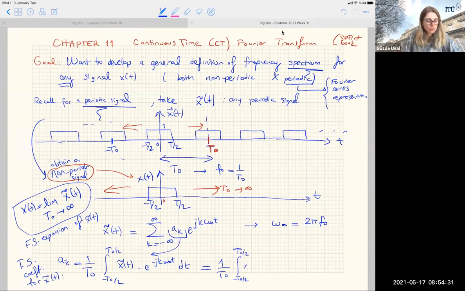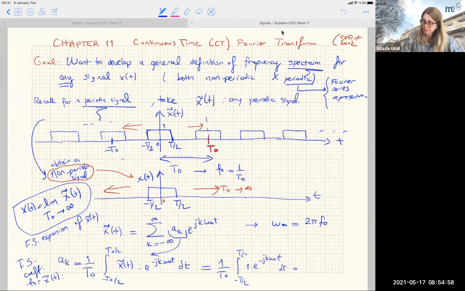Actually, let's write T over 2 here for this example: minus T over 2 to T over 2, x tilde is 1 in this interval. So it's 1 times e^{-jkω0t} dt. Let's write the math.